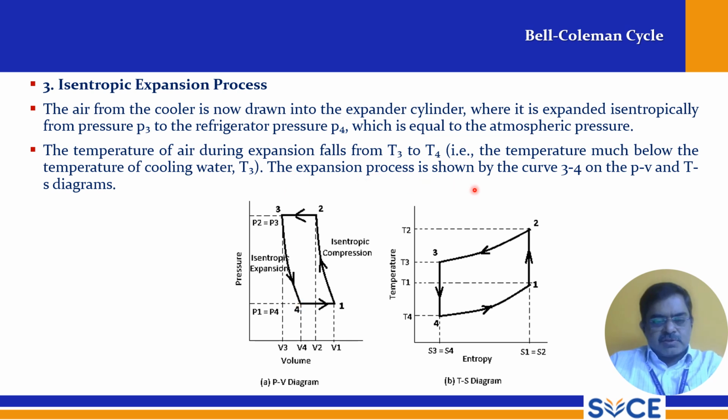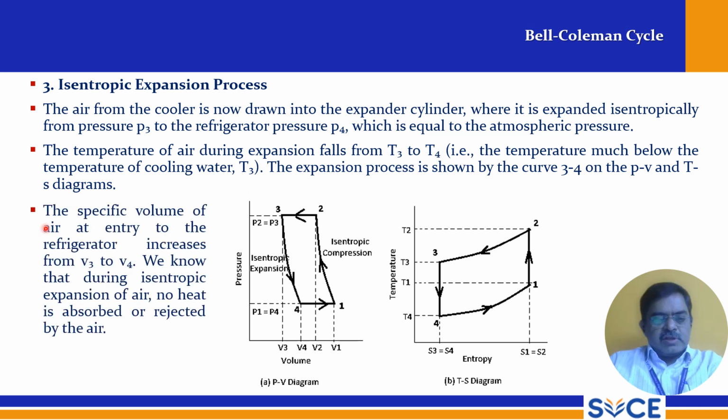The expansion process is shown by curve 3-4 on the PV and TS diagrams. The specific volume of air at entry to the refrigerator increases from V3 to V4. We know that during isentropic expansion of air, no heat is absorbed or rejected by the air. During any isentropic process, no heat exchange takes place. That is the basic you should remember always.